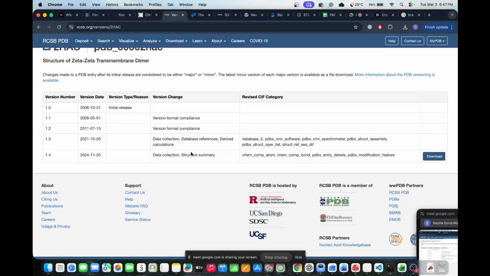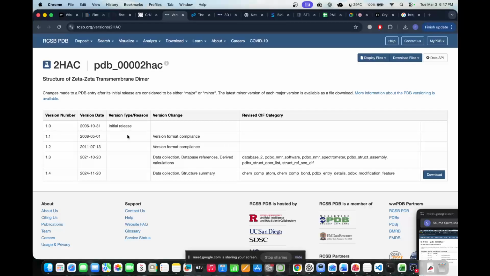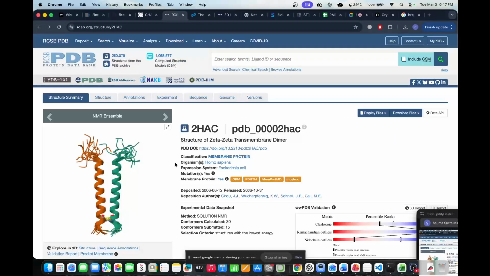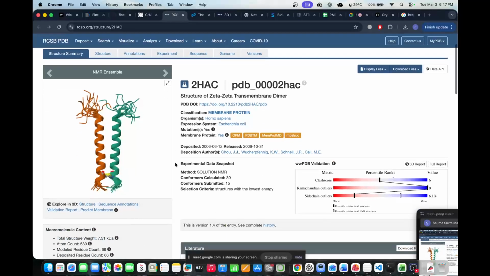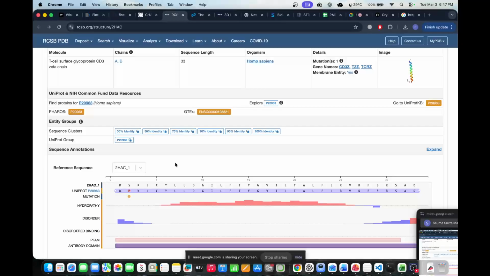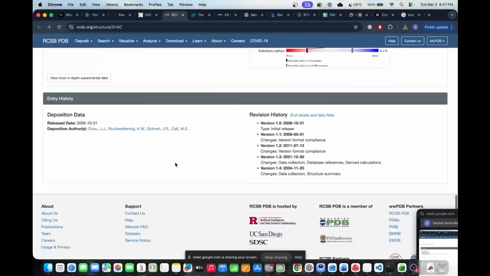There have been different submissions for this protein after the initial release. Yeah, so this is how the PDB web page looks, right?